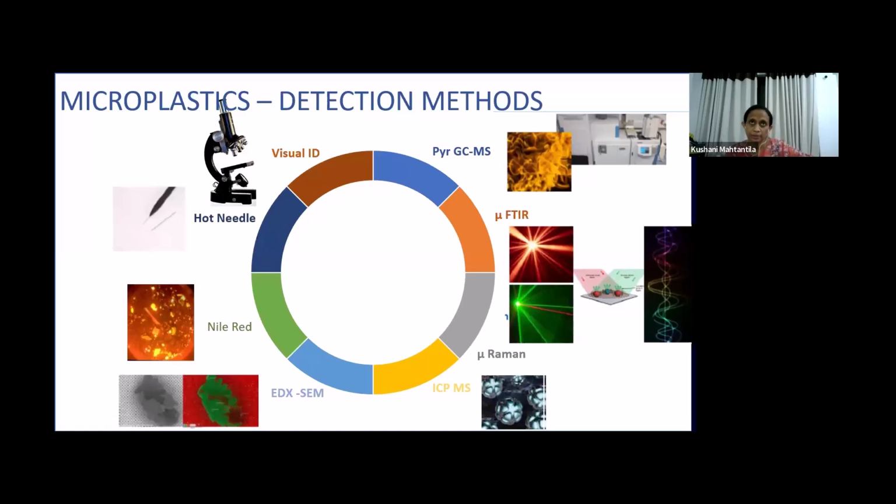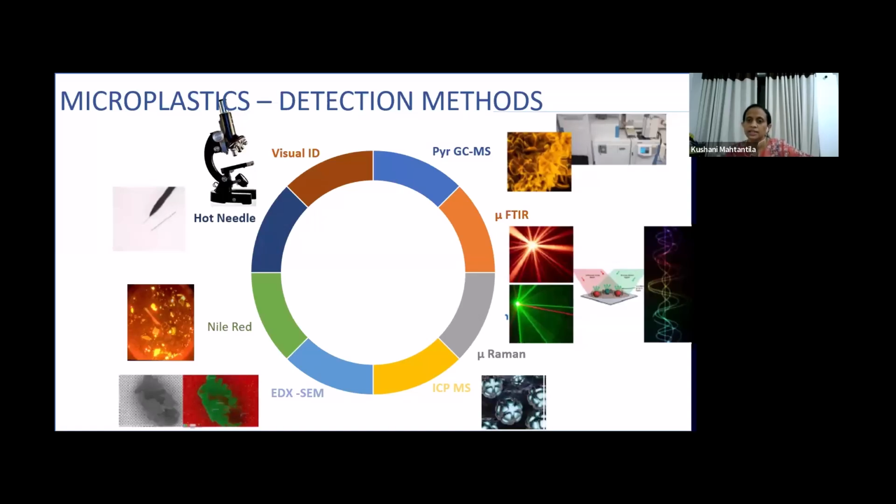It needs special nebulizers and highly sensitive ICP-MS. That method is called single particle ICP-MS analysis. Silver nanoparticles can be easily analyzed, or some researchers have coated microplastic with gold particles, and those particles are analyzed.